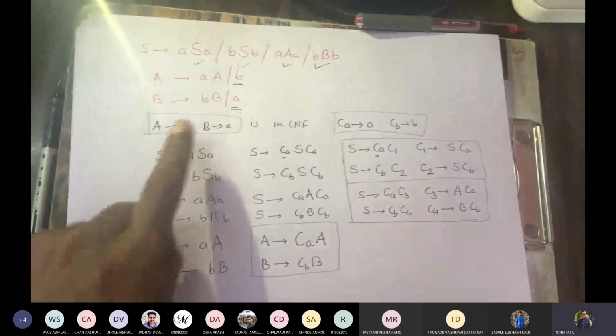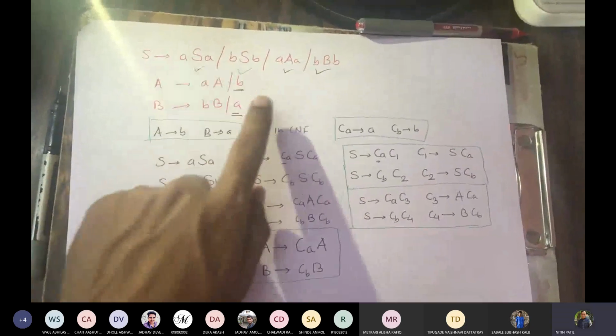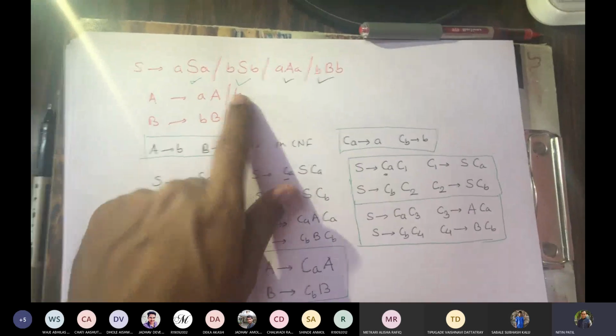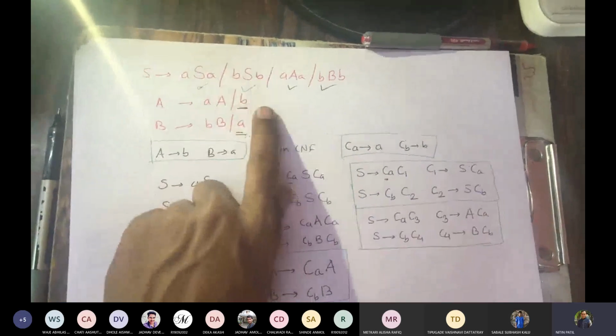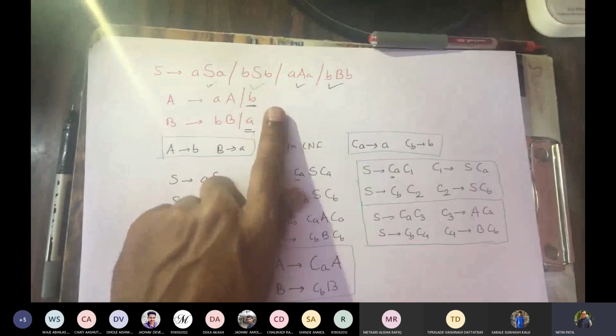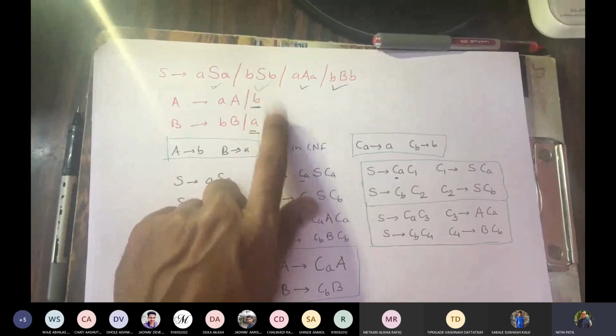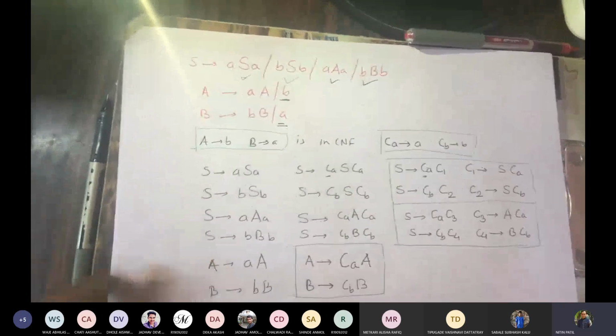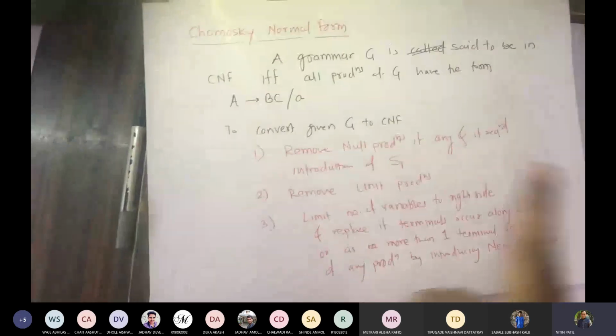Now, luckily, we never had epsilon productions or null productions in this given grammar. If null productions are there, you have to first convert those null productions to not null. Then you have to remove unit productions by introducing new productions, and then start with this. Correct? That's what we said. First step is what?